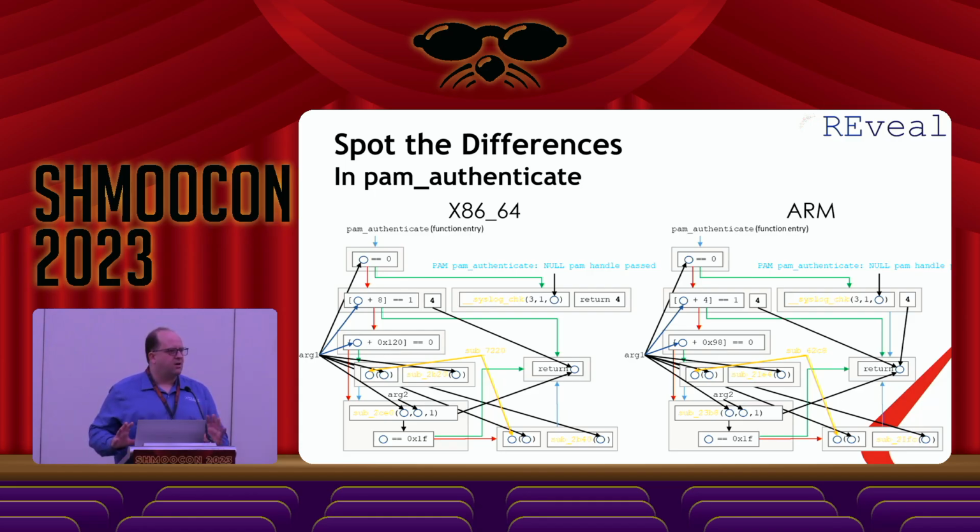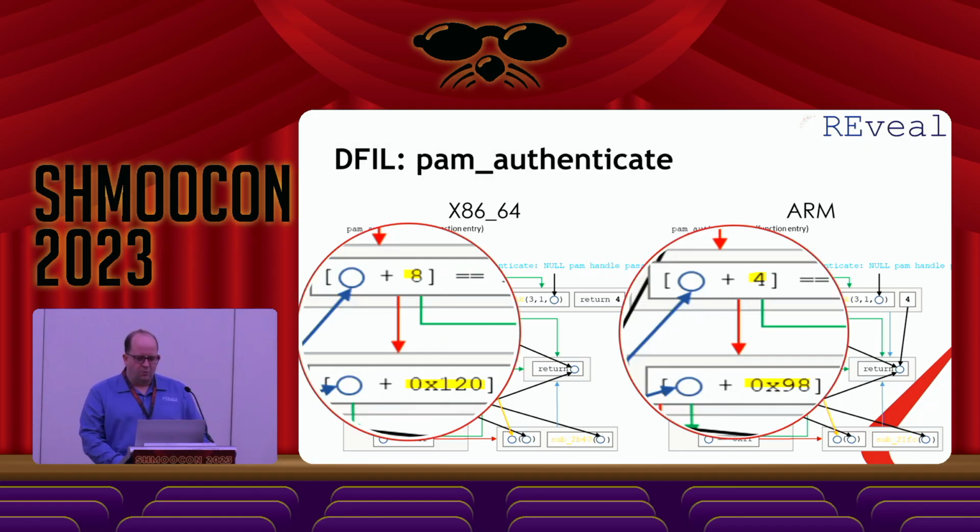Their bytes are completely different, yet the graphs look very similar. And if you didn't have a keen eye, you might say they were the same. So we're getting there. There are a few differences. The first difference is the structure offsets are different.